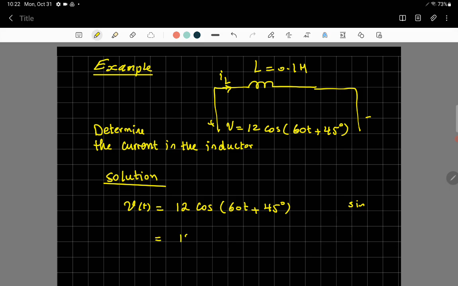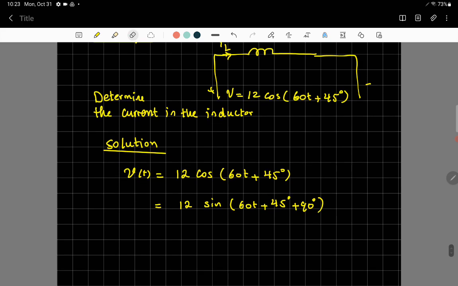Well, to convert from cosine to sine, you're going to add 90. And just let me tell you, if you are confused whether you are adding 90 or negative 90, you know the relationship between sine and cosine. If you sketch sine and cosine, this is your sine, and the cosine will be like that. So the cosine starts ahead, so it's advanced, so it's plus 90.